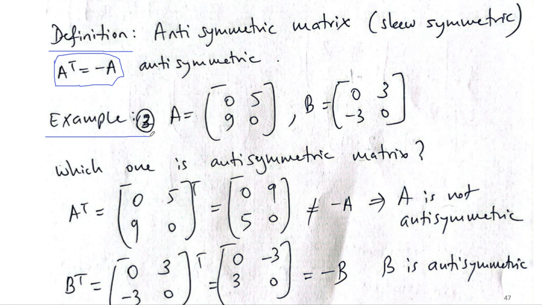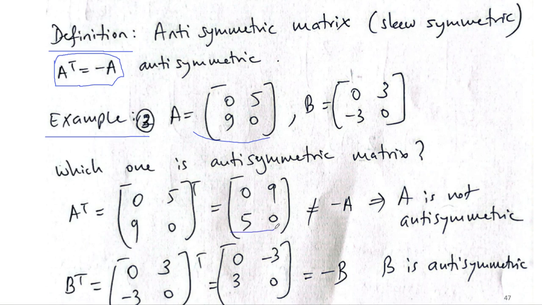As you see in this example, suppose you are given matrix A and matrix B, and you want to answer which one is antisymmetric. You can just directly check the definition. For example, take the transpose of A. The transpose is 0, 9, 5, 0.